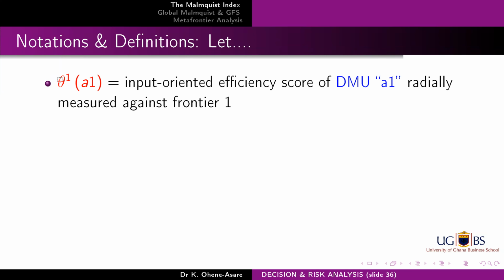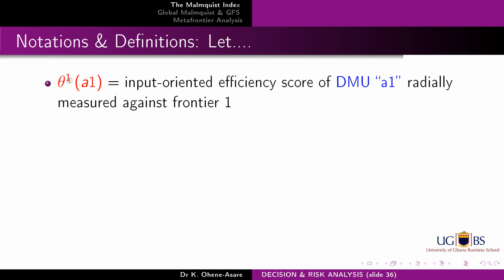We are using theta for the efficiency score. So theta 1 into bracket A1 means the input-oriented efficiency score of firm or observation A1 relative to the frontier 1.